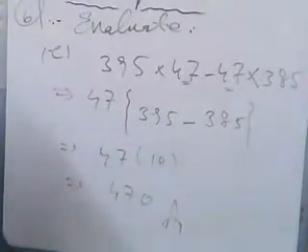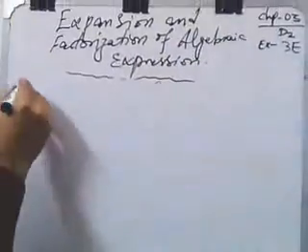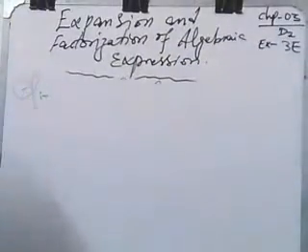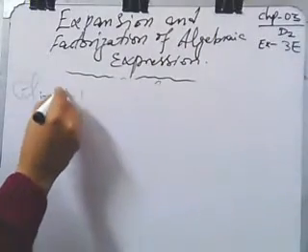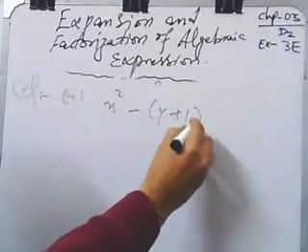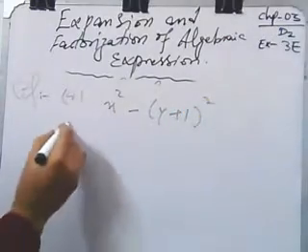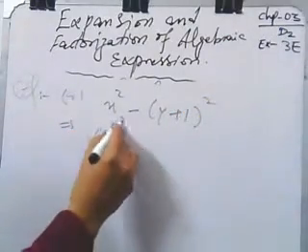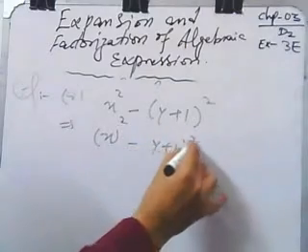Now coming to question number 7. Factorize each of the following completely. For example, again factorization, x square minus y plus 1 square. So you see here again you can write x whole square minus y plus 1 whole square.